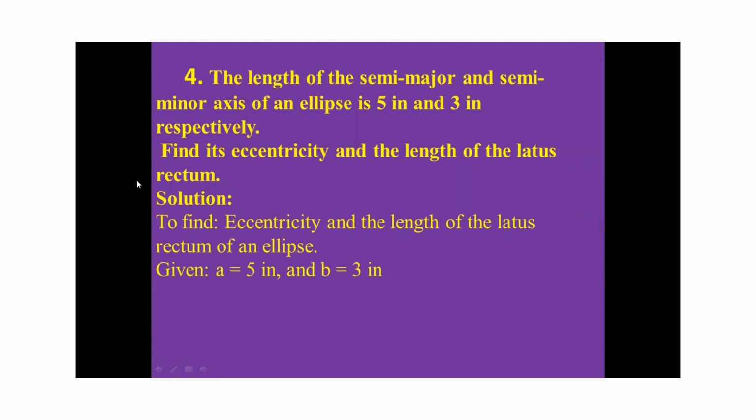Question number 4. The lengths of the semi-major and semi-minor axes of an ellipse are 5 inches and 3 inches respectively. Find its eccentricity and the length of the latus rectum. Solution. To find the eccentricity and the length of the latus rectum of the ellipse, given a equals 5 and b equals 3.